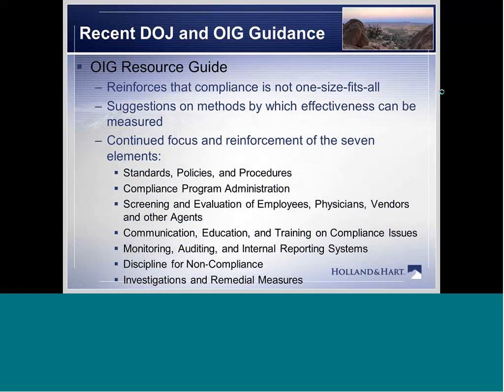And then the OIG's resource guide, that is a bit longer. It's over 50 pages, but it is a very significant resource going through those 7 elements. So it's got separate individual effectiveness measures for the 7 elements.